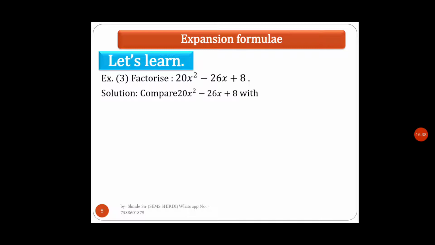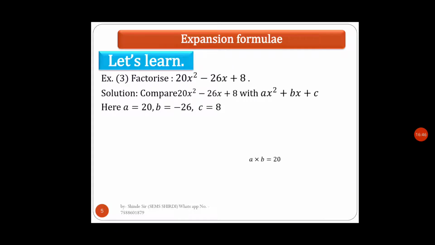We see the third example. Factorize 20x square minus 26x plus 8. Here again we compare with ax square plus bx plus c. Here a is equal to 20, b is equal to minus 26, c is equal to 8.